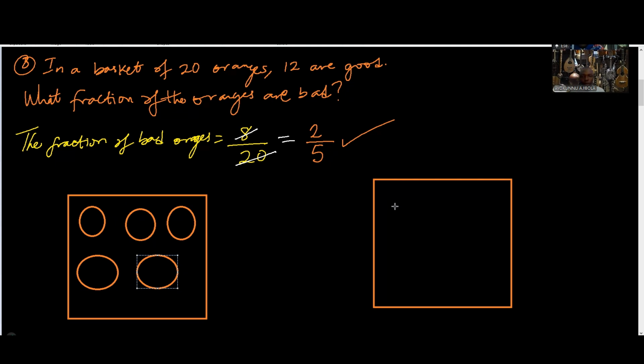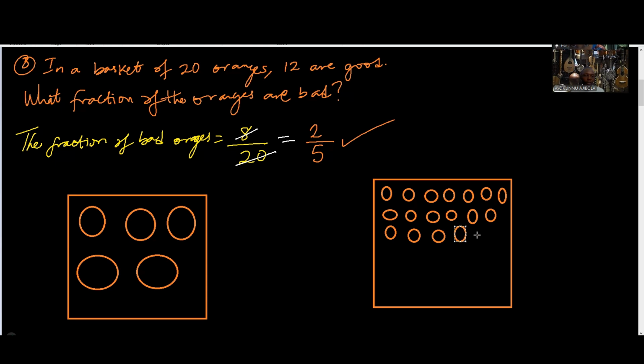Then in the other one, I got 20. 1, 2, 3, 4, 5, 6, 7, 8, 9, 10, 11, 12, 13, 14, 15, 16, 17, 18, 19, 20. So in order for them to be equal, in the first box, I can shade just 2, okay?